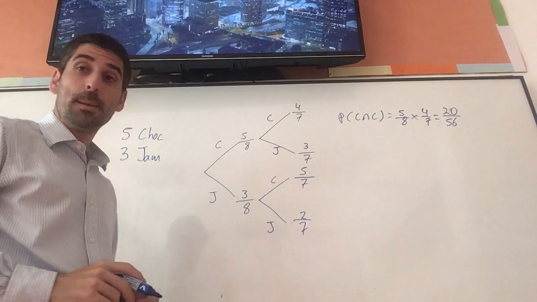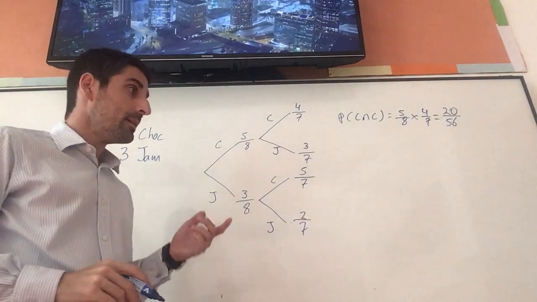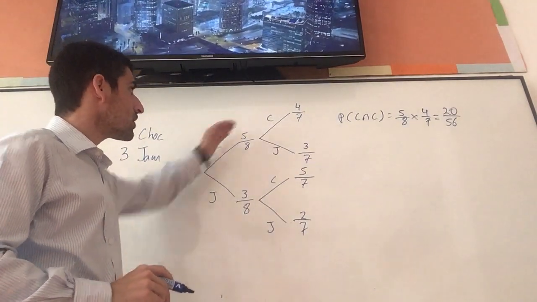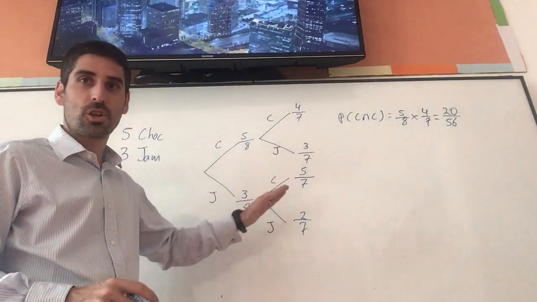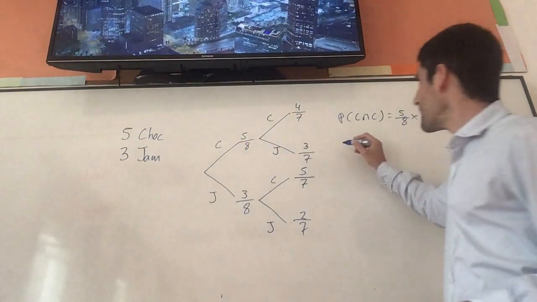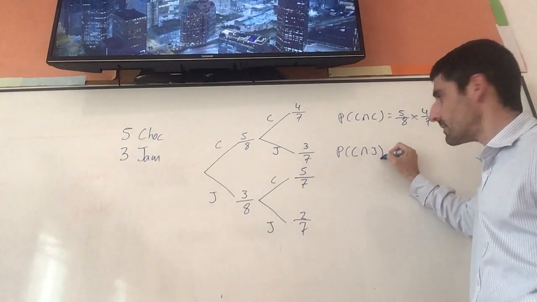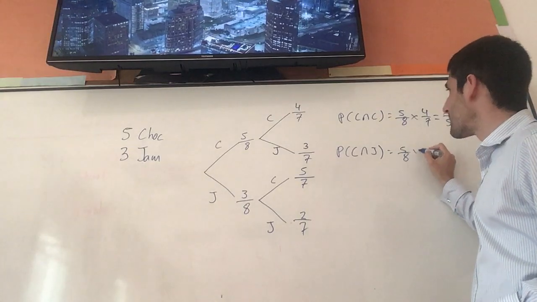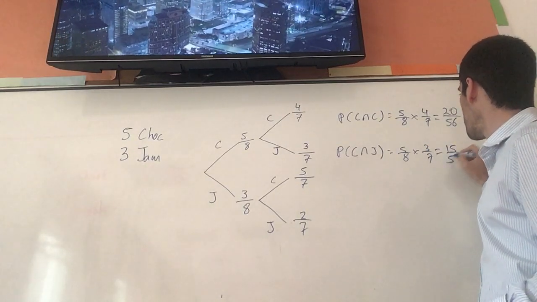And equally, they could ask me, what's the probability that I eat one of each flavor? Well, it's either chocolate and jam or jam and chocolate. So I need to model those 2 situations. So the probability of chocolate and jam is chocolate 5/8 times 3/7 is 15 out of 56.